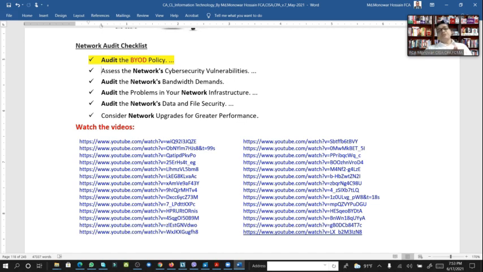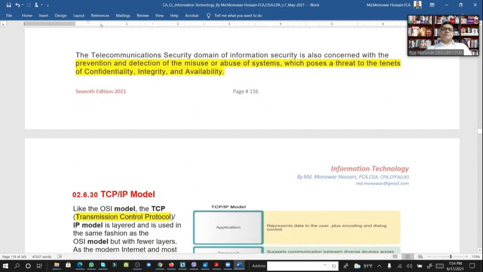As an IT auditor, we should do that for networking, and audit the problems of the organization's network infrastructure, audit the network data and file security, and consider network upgrades for greater performance. Here, including the links of different YouTube videos, if you get time and watch those videos, then everything will be clear for networking purposes.